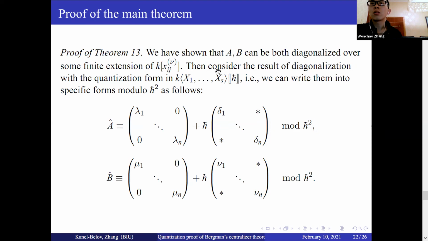Then consider the result of diagonalization with the quantization form. Then we can write it in this form modulo H2. So A hat is first diagonalized, and then it's H bar times some lambda i to lambda delta i, delta 1 to delta n. B is mu 1 to mu n plus a diagonal form.